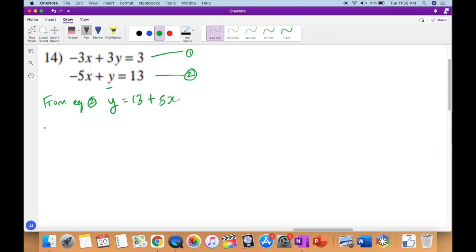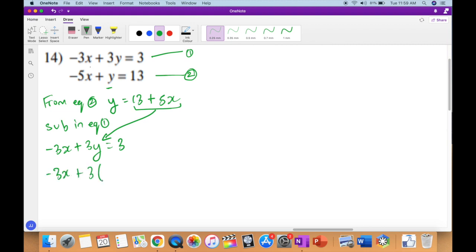So now I could sub into equation 1, and equation 1 is negative 3x plus 3y equals 3. Right? And of course, I could just take this and sub it anywhere I see y. So we could have negative 3x plus 3 times (13 plus 5x) equals 3.